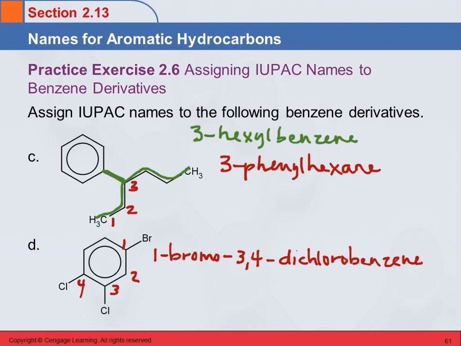Where does the phenyl come from? Phenyl is the prefix that we use for benzene as a substituent. Benzyl would have made more sense, wouldn't it? But it's phenyl. Your book explains that it comes from the 1800s name for benzene.